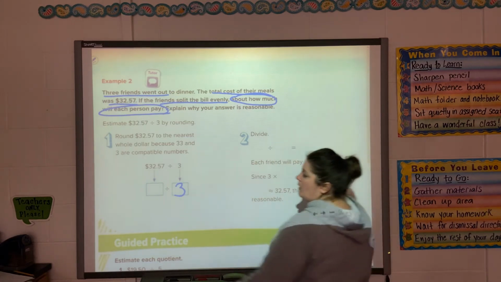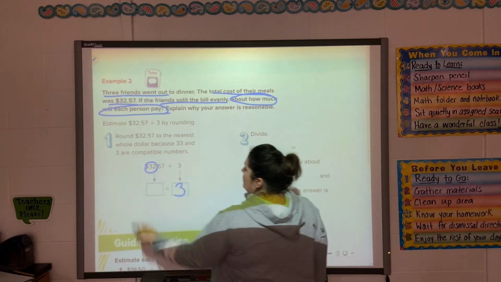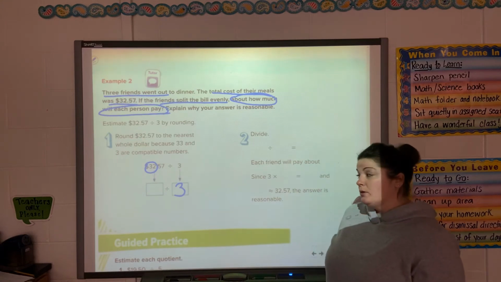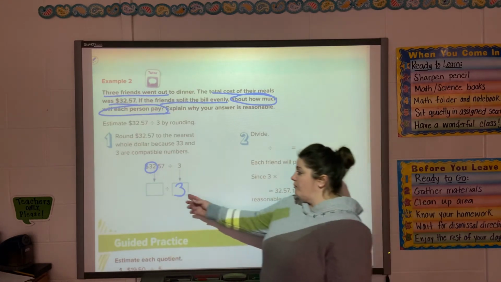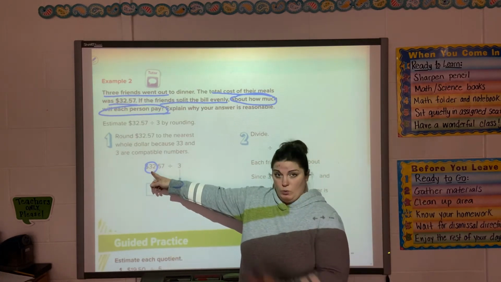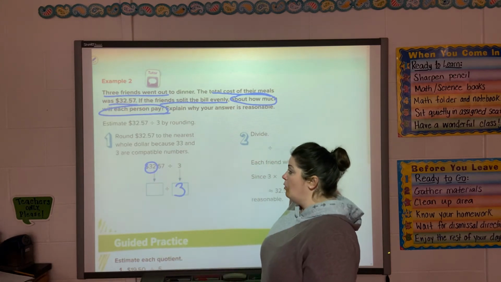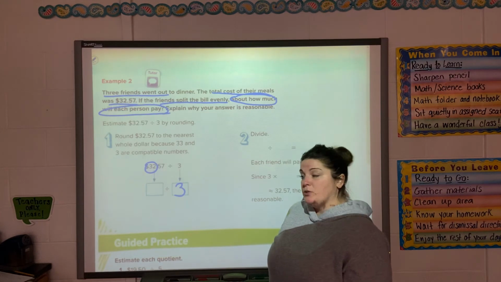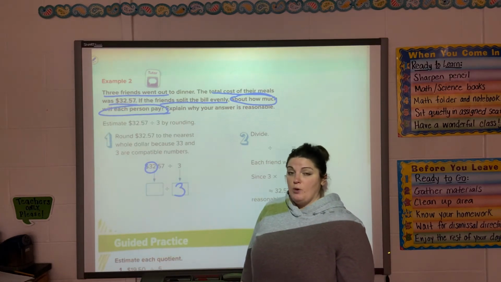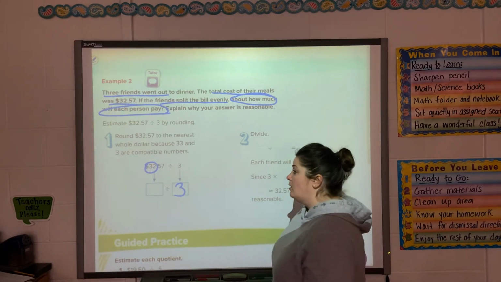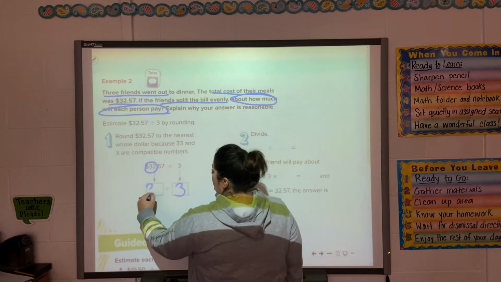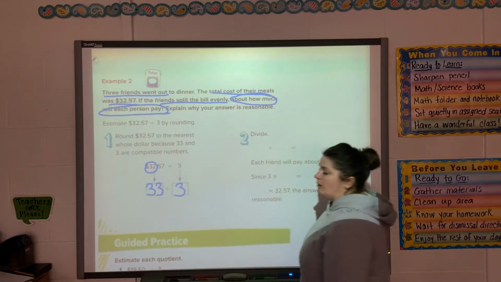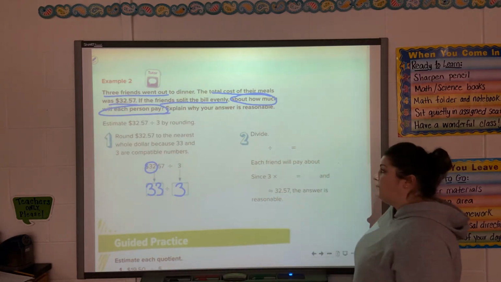And then in my dividend, I'm thinking, what whole number is a multiple of 3 that's close to the wholes that I already have? Well, the whole amount is $32. And when I list my multiples of 3, 3, 6, 9, 12, 15, 18, etc., if I go quite a bit, I get 33. 3 times 11.